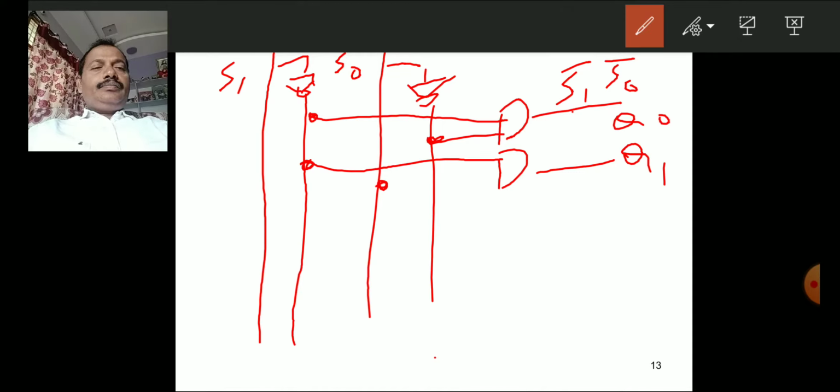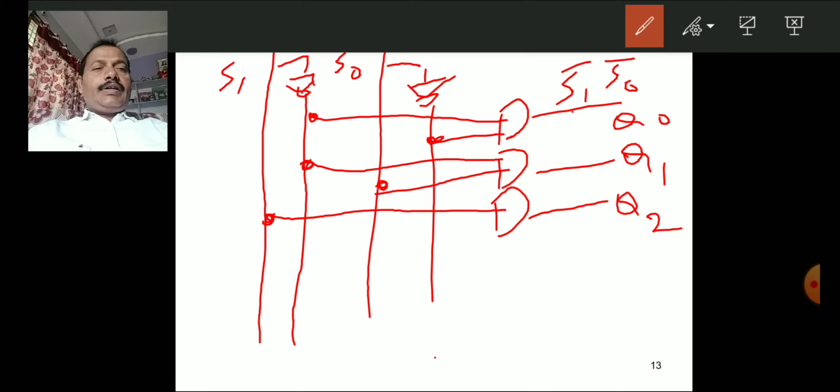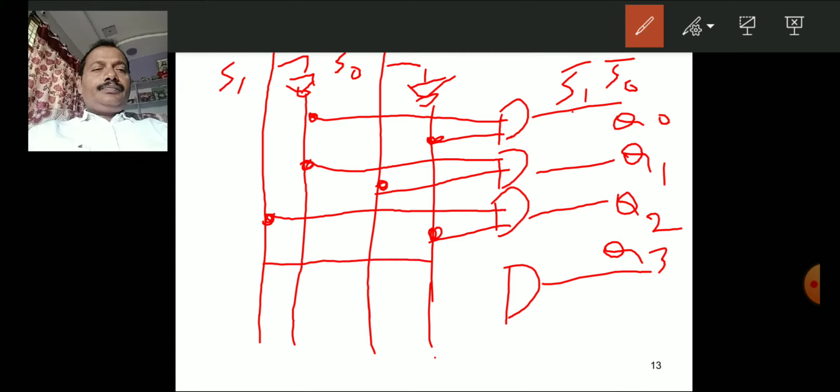Similarly, Q2 is S1, connect S1, next S0 bar. Next Q3, S1 and S0, you have to connect.